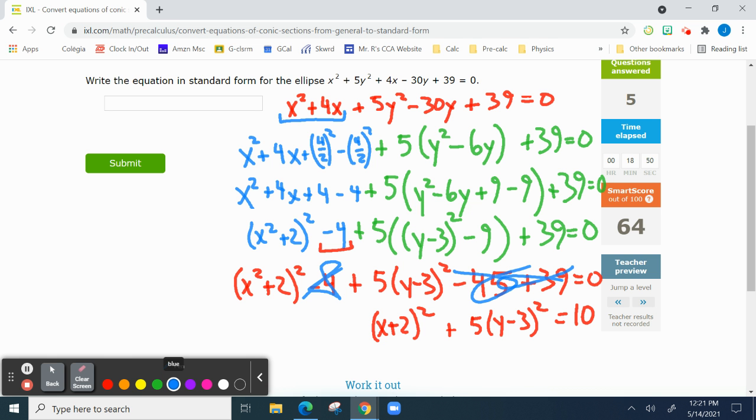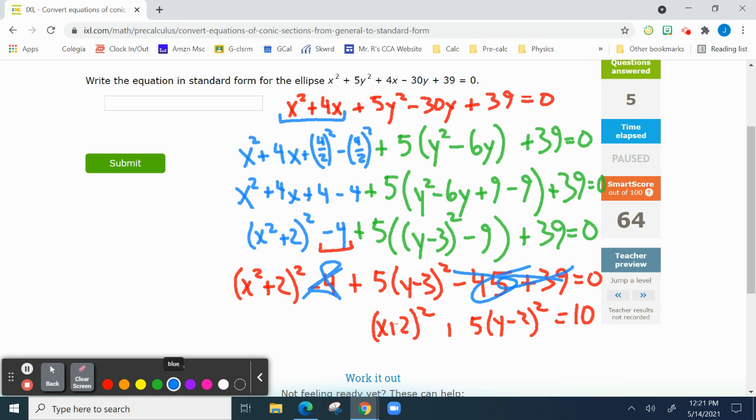All right, so now what's the last thing we have to do? We have to get that to a 1. So we'll divide that by 10, and divide that by 10, and divide that by 10. And it looks like some of my writing didn't take for some reason. Y minus, and that's a 3. Maybe I'm standing too close to the board or whatever. That should be a plus.